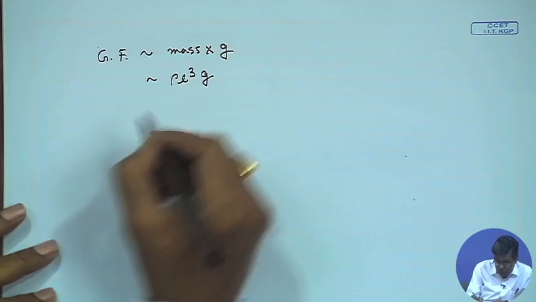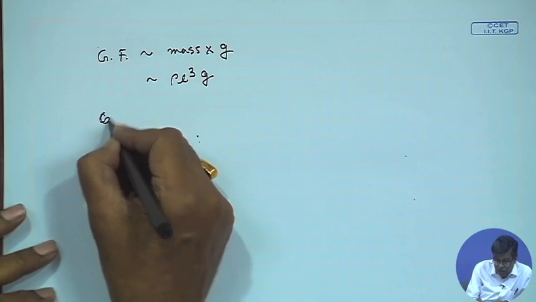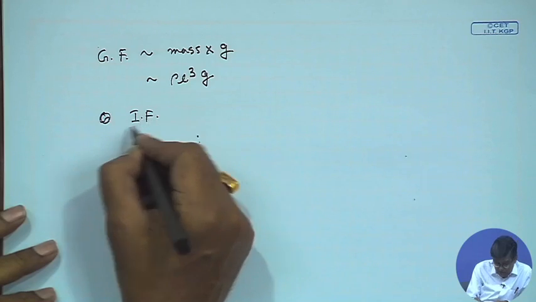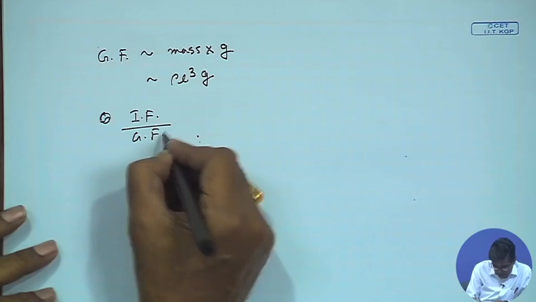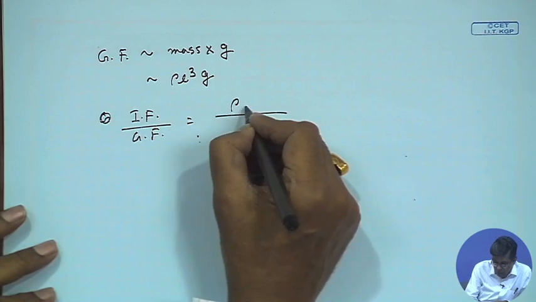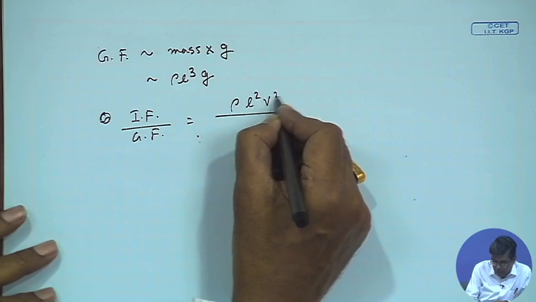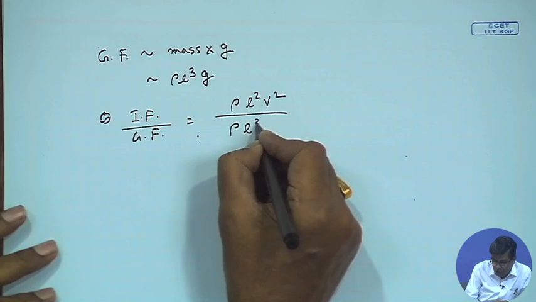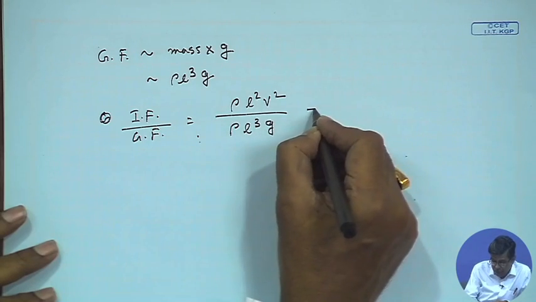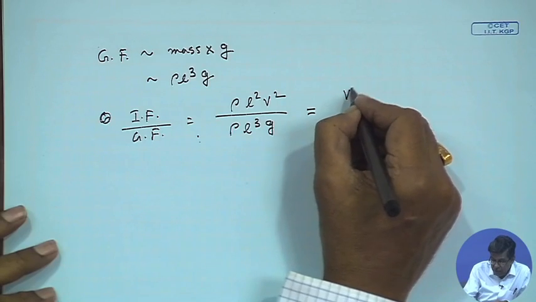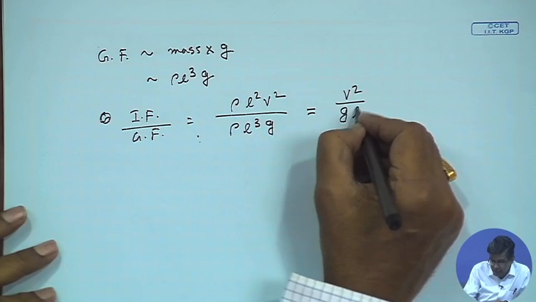So, the inertia force by gravity force will be rho L square V square divided by rho L cube g. That becomes equal to V square by g L.